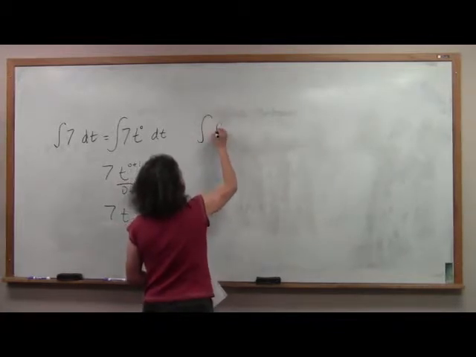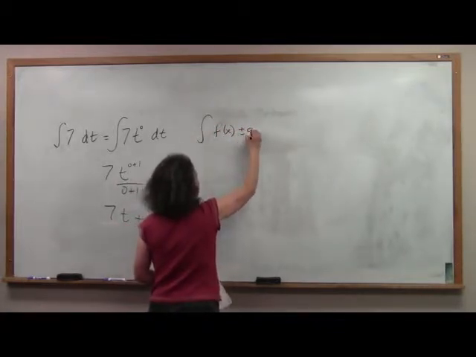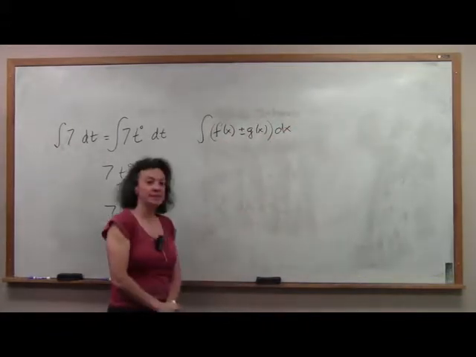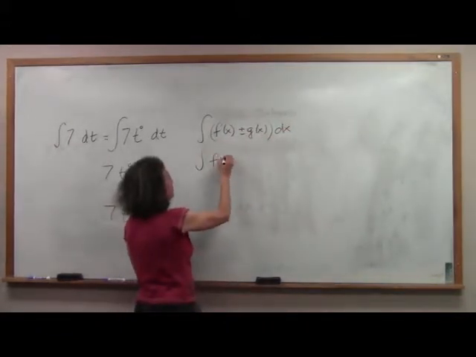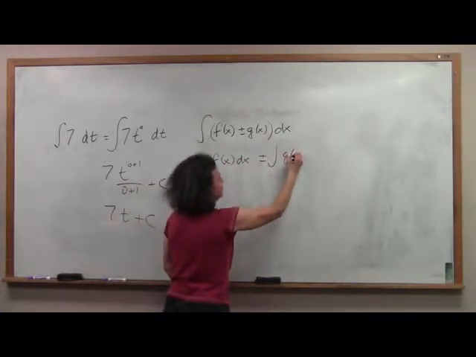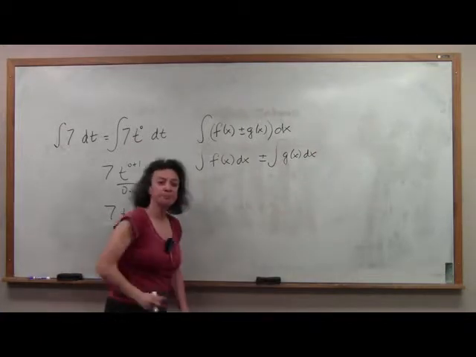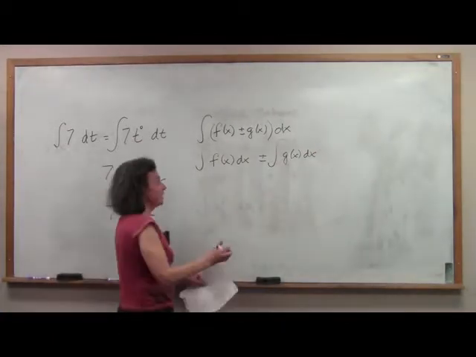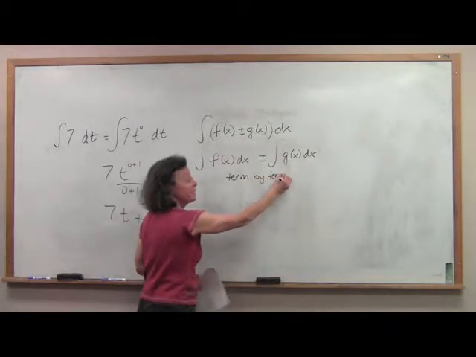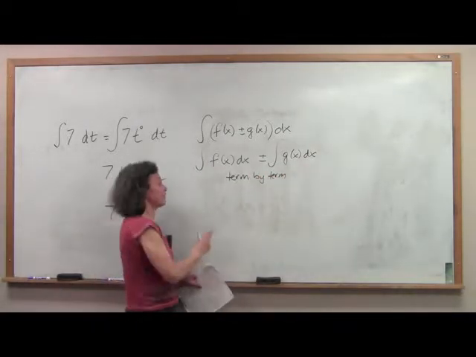What we have is that if you want to take the antiderivative of a sum or difference of two functions, what you do is you take that antiderivative term by term. So this just says take your derivative term by term, just like we would do with our regular derivative.